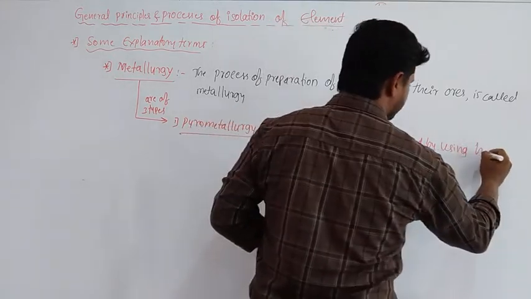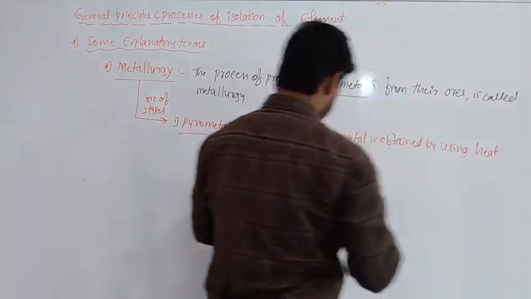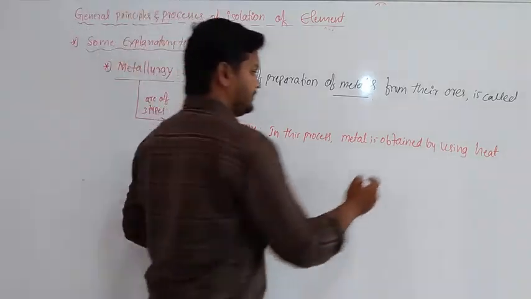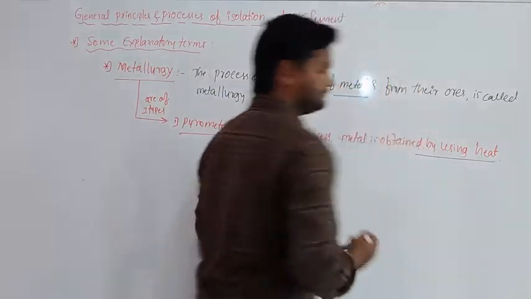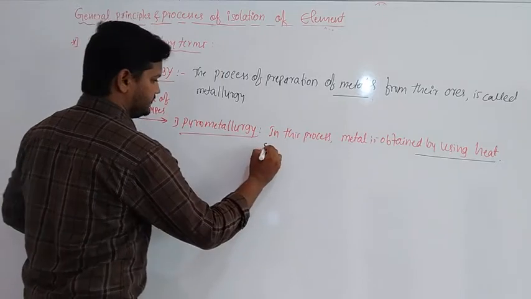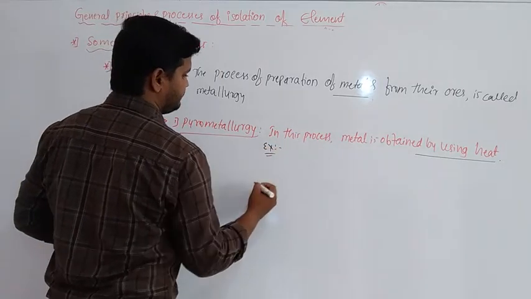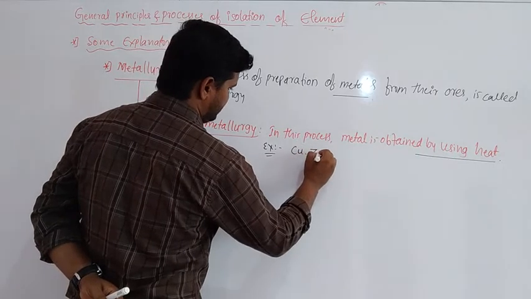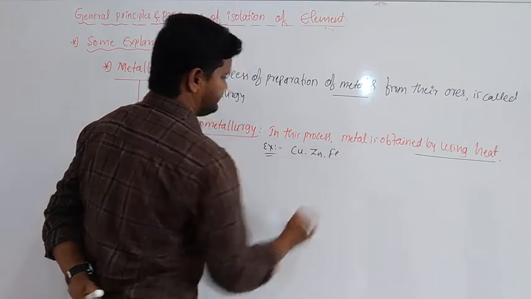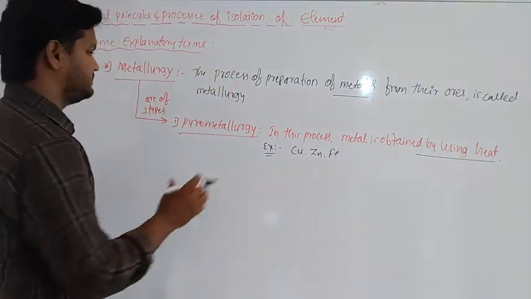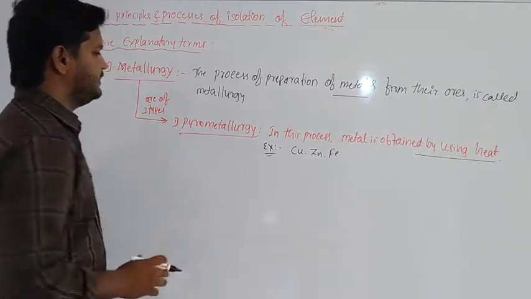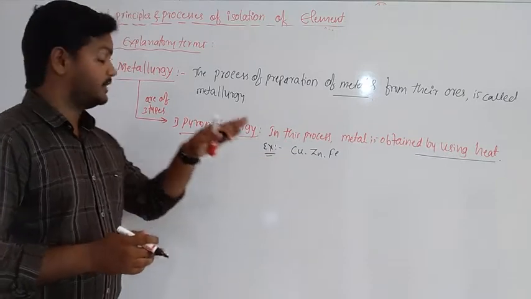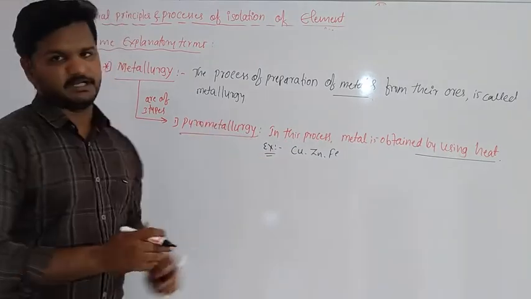Examples for pyrometallurgy are metals like copper, zinc, and iron. These are the simple metals extracted or prepared by pyrometallurgy.